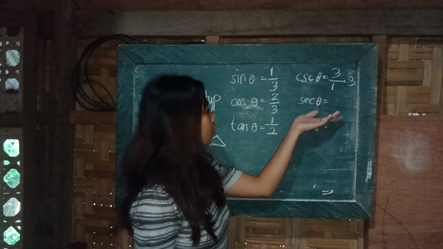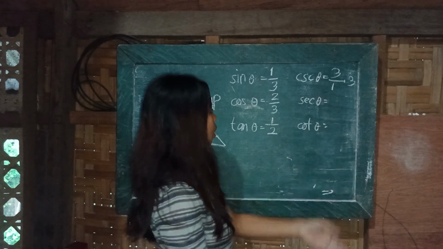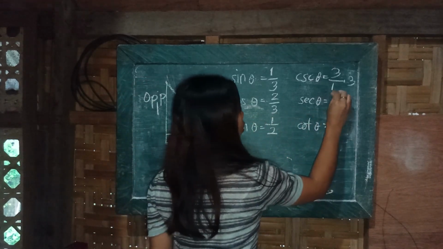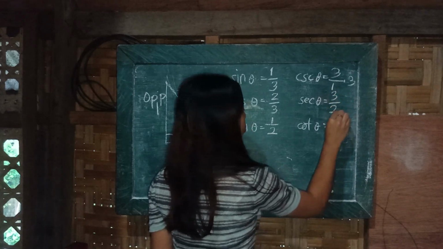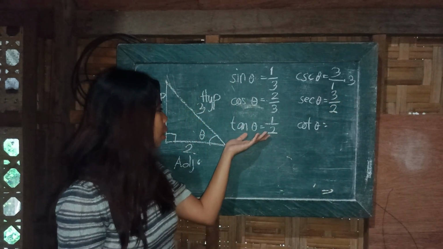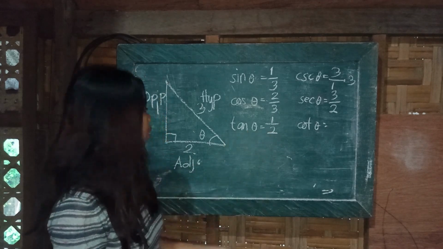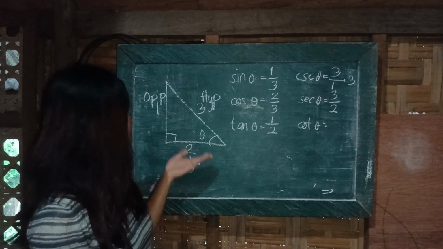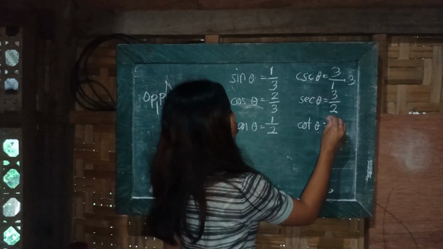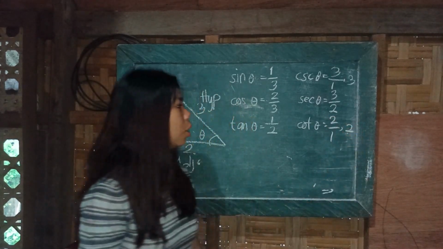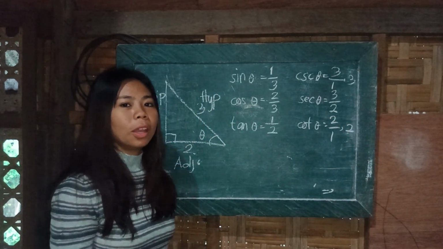And now, our secant theta is the reciprocal of our cosine theta, so 3 over 2. And cotangent theta is the reciprocal of our tangent theta, which is opposite over adjacent, so our cotangent is adjacent over opposite, so 2 over 1, or 2. So, that's all.